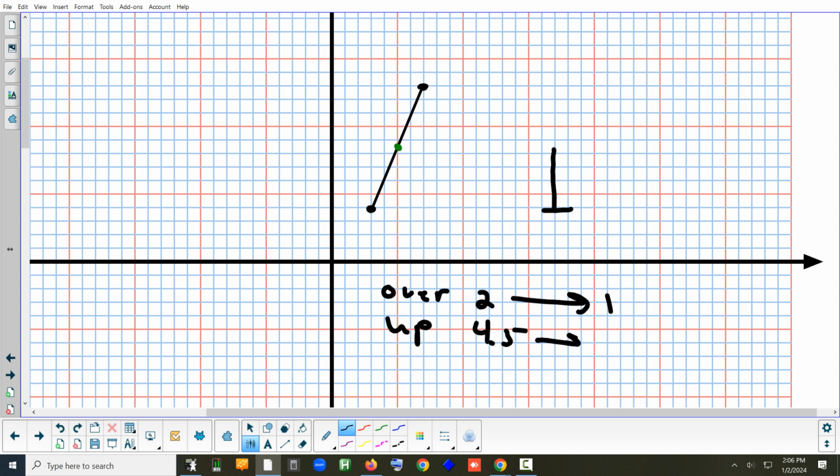So let's go over 1. And what's half of 4 1/2? 2.25. Okay, so let's go over 1 and up 2.25. Over 1 and up 1, 2, and then just a little bit more. What do you think? Does that look like it? Yeah. So we can figure it out that way too.